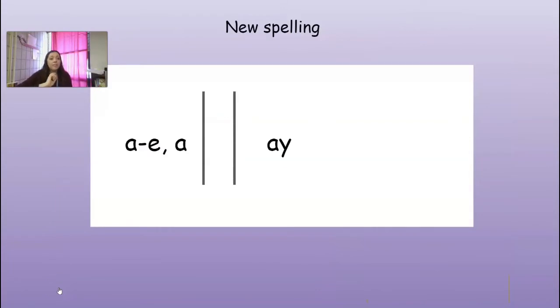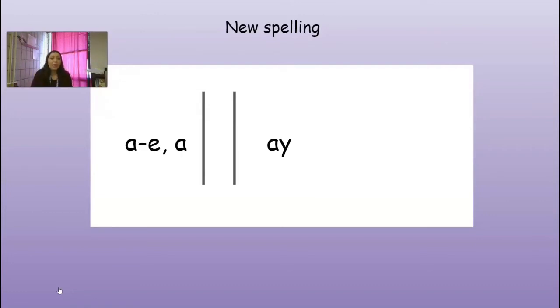Okay, so what they meant by that is that when we add suffixes like ed, ing, and s, if it has the A sound before the suffix, it's still going to be spelled AY because it's the end of that root word, okay? So just because it might not be right at the end doesn't mean that it's not going to have that AY, if it has a suffix behind it.